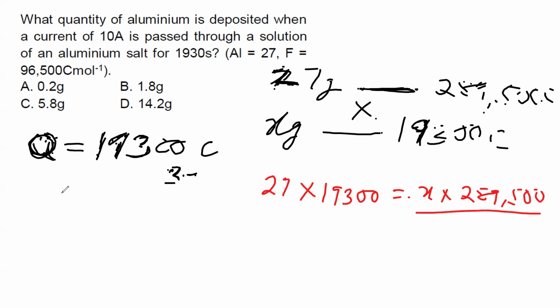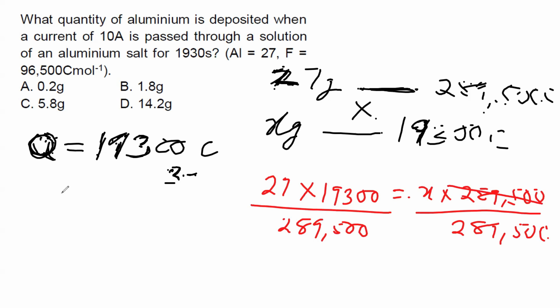So we divide both sides by 289500. This one will now cancel this, and at the end we are going to have 27 times 19300 divided by 289500.